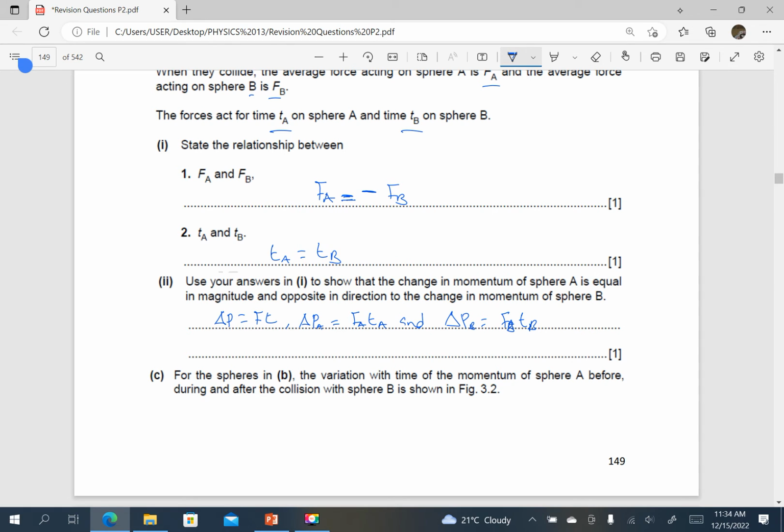Remember, Fa and Fb are equal but opposite, and Ta and Tb are the same. Hence, we conclude that Fa times Ta is equal to negative Fb times Tb, which means the change in momentum of A is equal to the change in momentum of B, the minus showing opposite direction. So this is the statement which the examiner is looking for.